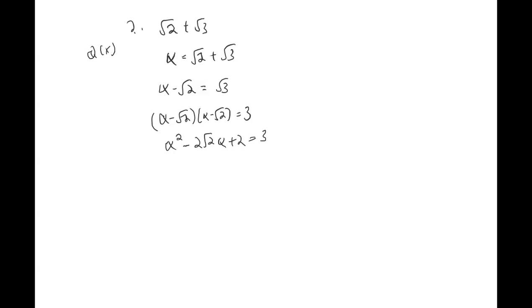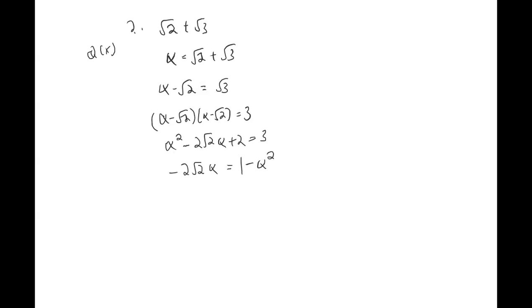The rational numbers don't have square roots, so I need to get rid of the root 2 here. Let's move the alpha term to the other side. I get negative 2 root 2 alpha equals 3 minus 2, which is 1 minus alpha squared.